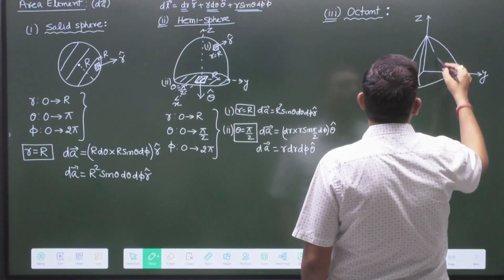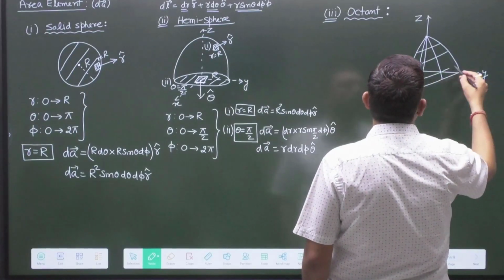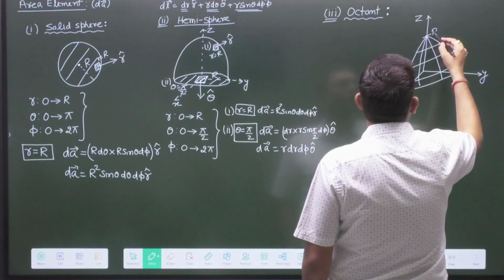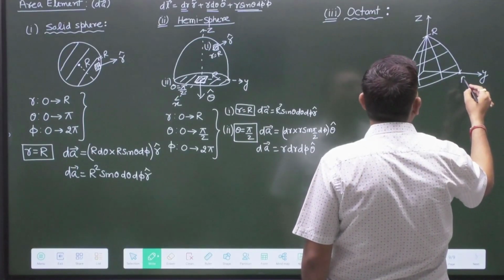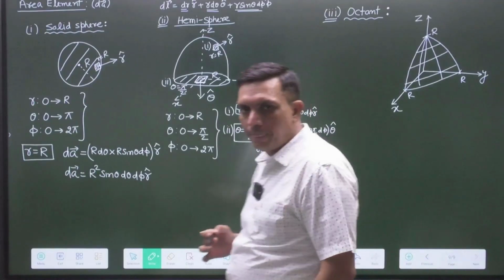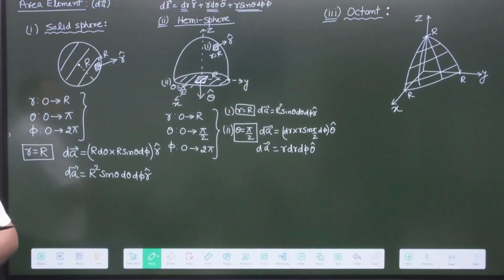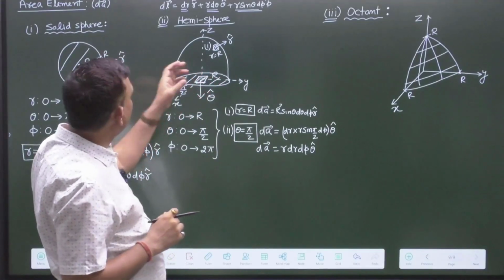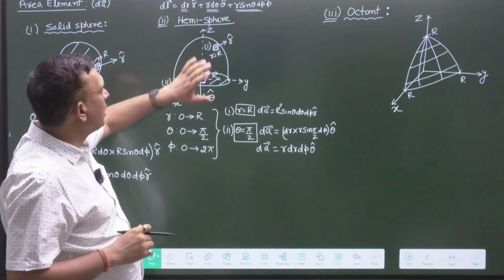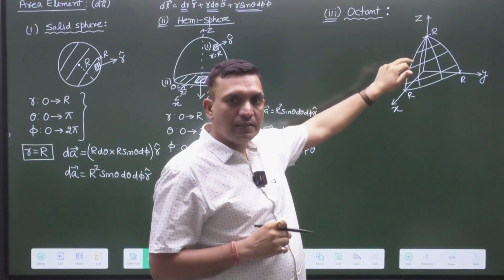This is the 1/8 part of the sphere. Hemisphere is half, but you have taken again 4 parts of the hemisphere, and you have taken only 1 part. So that is an octant.